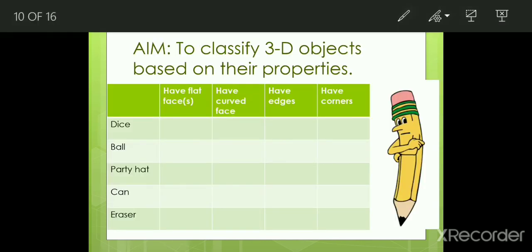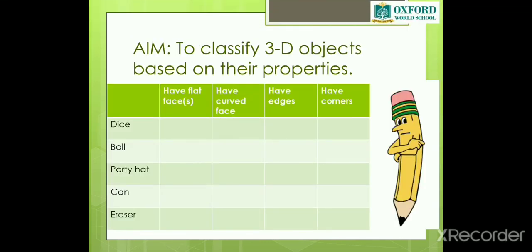Let us come to this chart where you just have to fill in according to their properties. What is given on the screen is dice, ball, party hat, can, eraser. The first column is have flat faces.